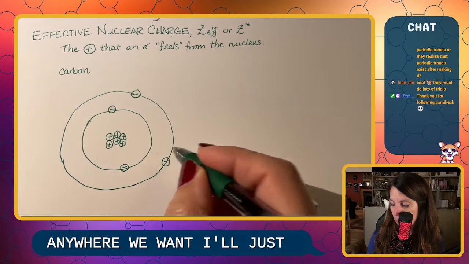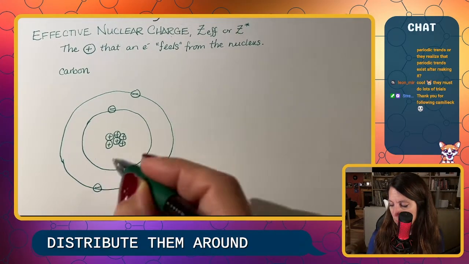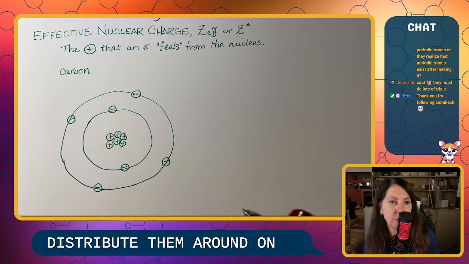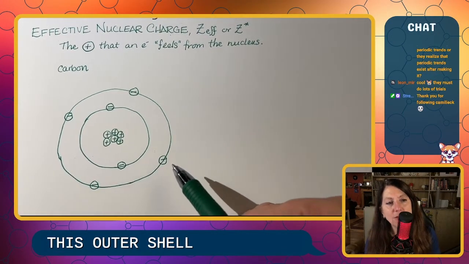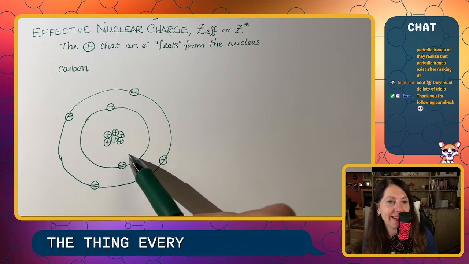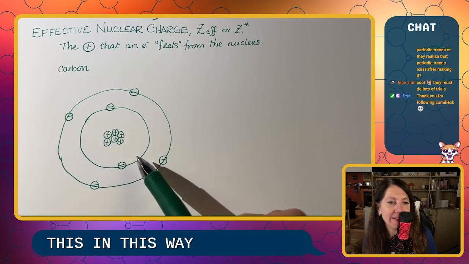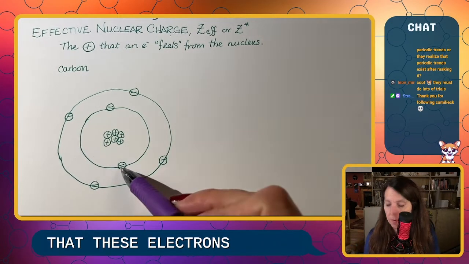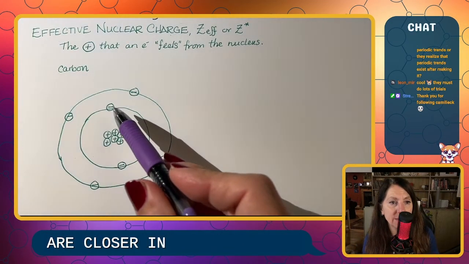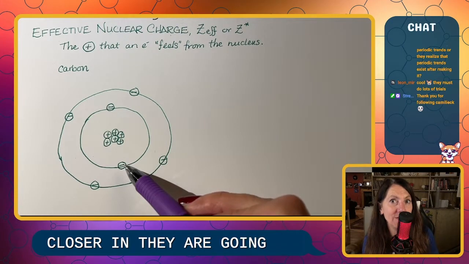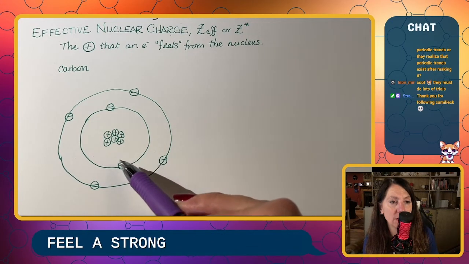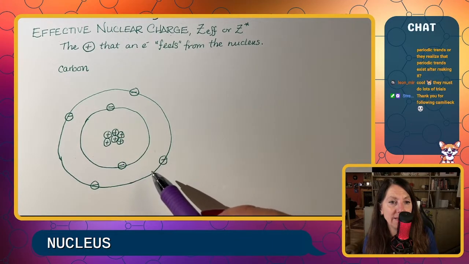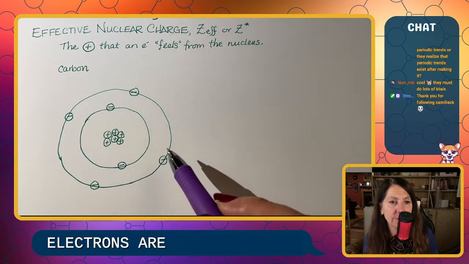I'll just distribute them around on this outer shell. So this is the thing. If we look at this in this way, we can see that these electrons that are closer in are going to feel a stronger pull to the nucleus than these outer electrons are.